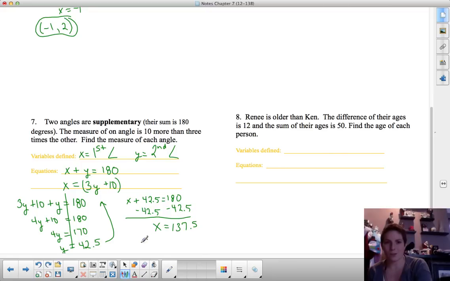So my two angles are 137.5 degrees and 42.5 degrees.